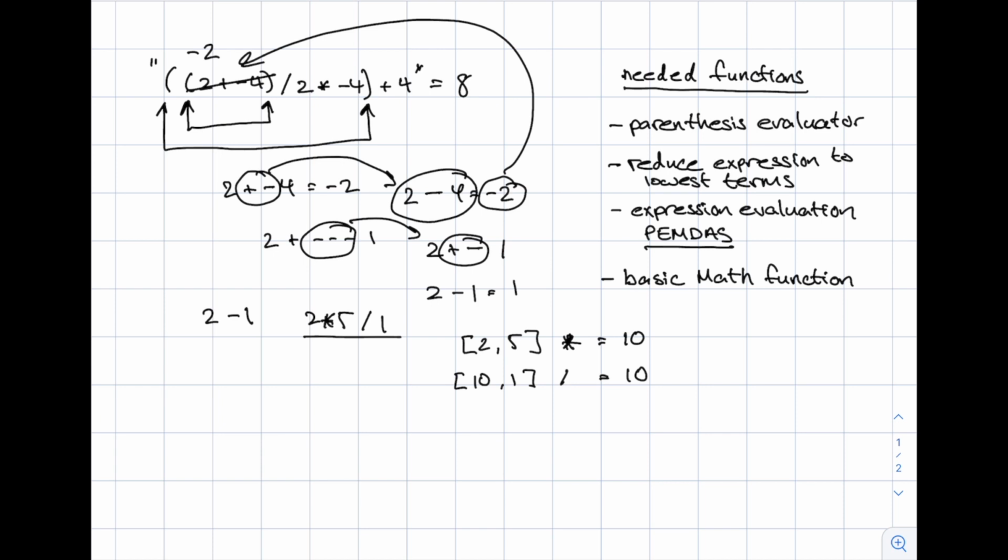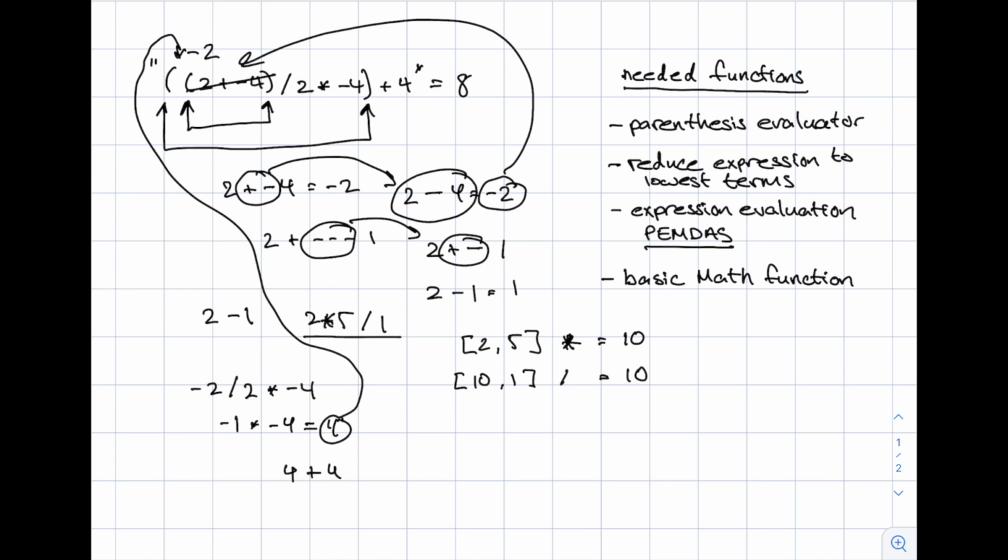The next expression would be -2 divided by 2 times -4. Of course we know that the answer to this would be -1 times -4, which is 4. And then we would substitute, it should be +4, I'm sorry. Then we substitute that into this entire expression, leaving us 4 plus 4 as a string. And then finally we'll get to the answer, which is 8.